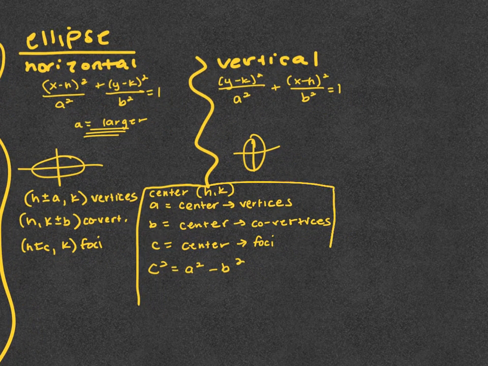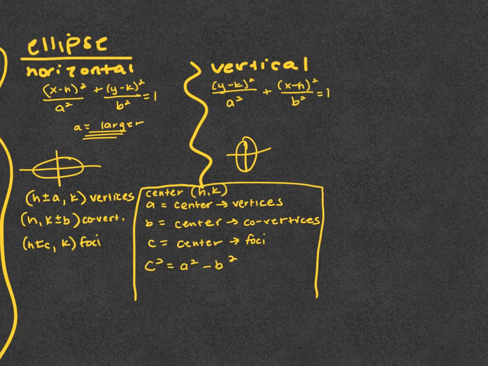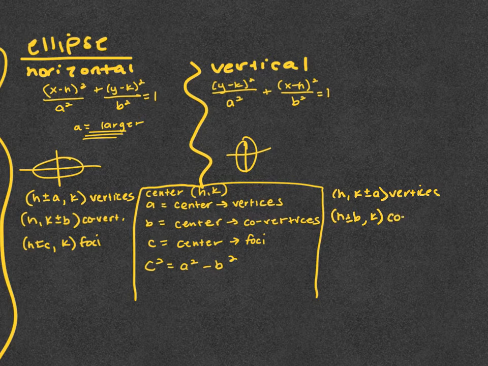For the vertical, it happens in reverse. It's h, k plus and minus A for the vertices, h plus and minus B, k for the co-vertices, and h, k plus and minus C for the foci.